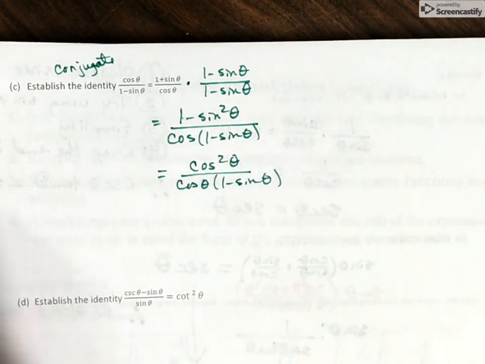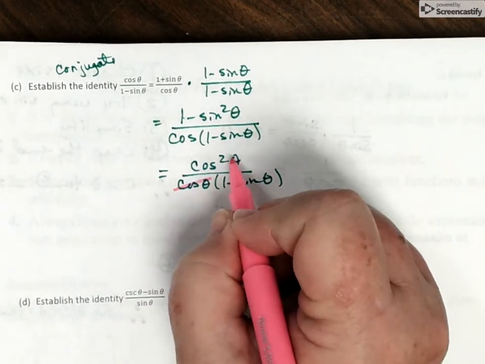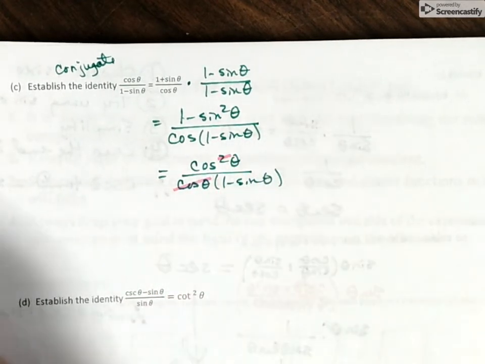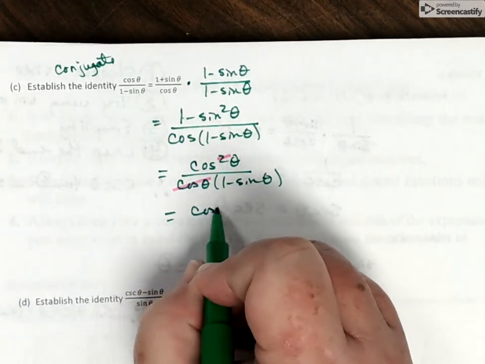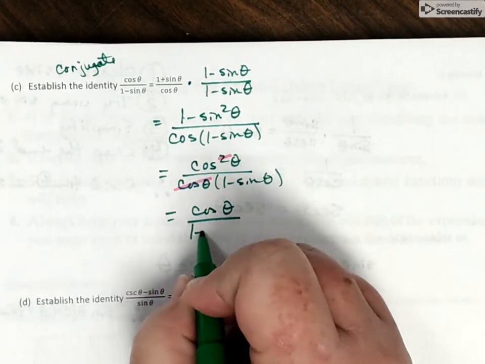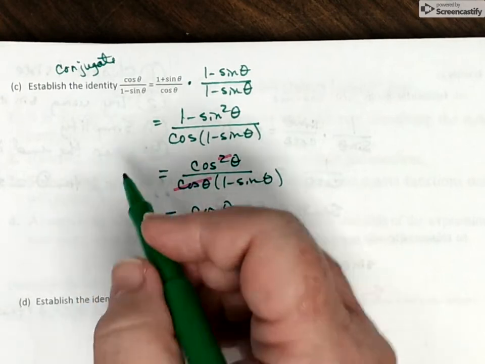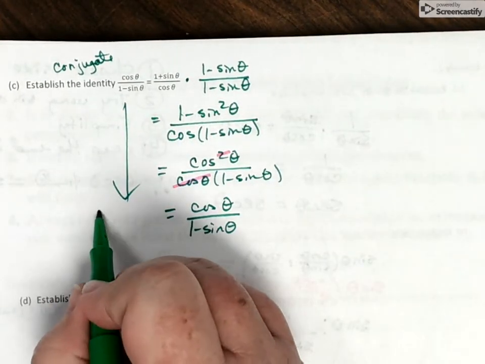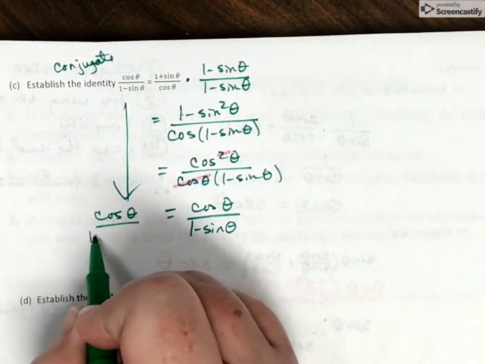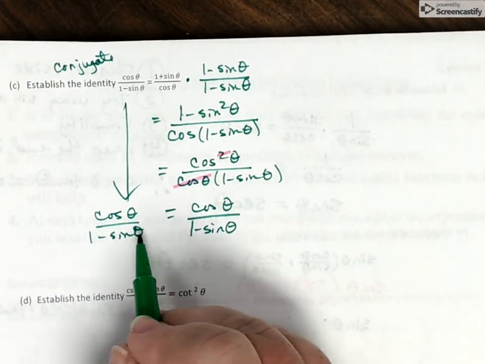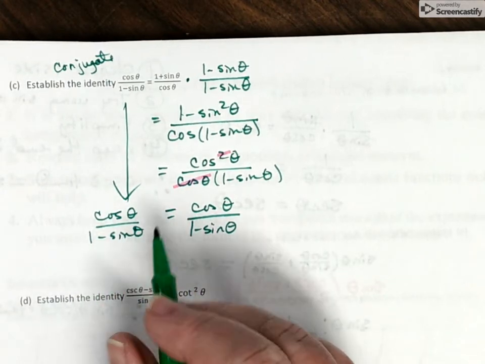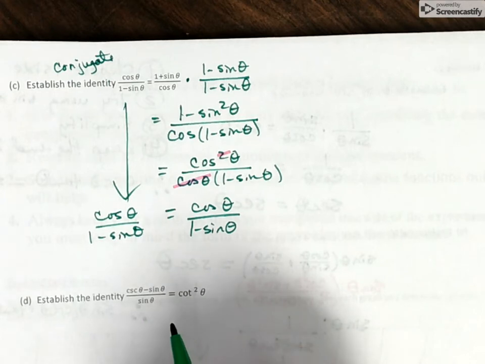The single cosine will cancel out, leaving me cosine of theta over 1 minus sine theta, and it's now identical to the left side. I'm just bringing this down so you can see them next to each other. The two sides are identical, and we've established the identity.